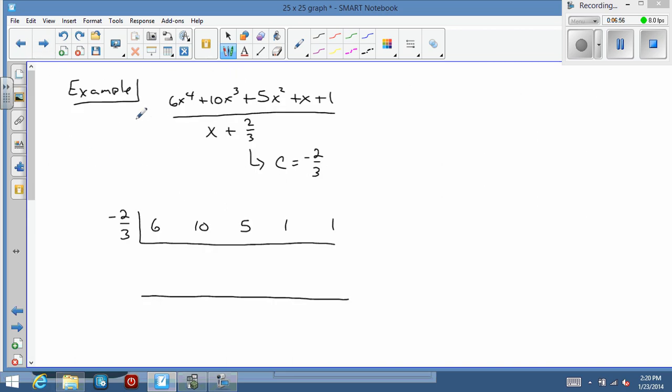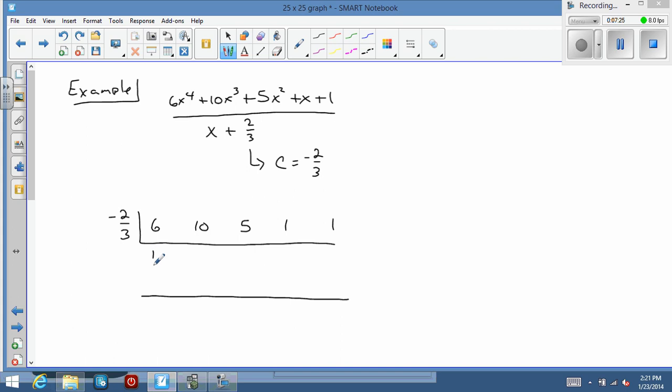Let's move on to this example here. We have 6x to the fourth plus 10x to the third plus 5x squared plus x plus 1, dividing that by x plus 2/3. Because this is plus, our c is going to be a negative 2/3, and we're going to write negative 2/3 out here, and then all the coefficients in our division box: 6, 10, 5, 1, and 1.